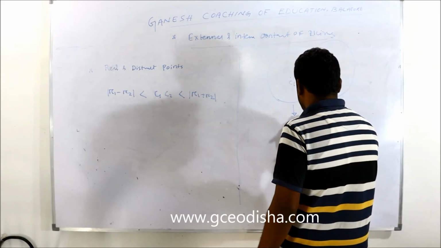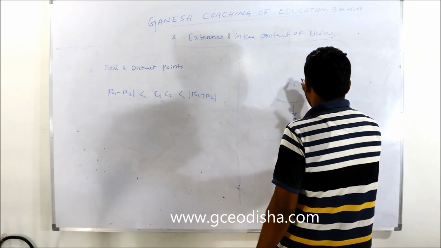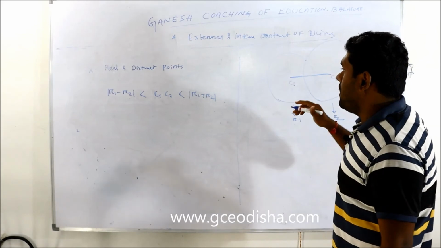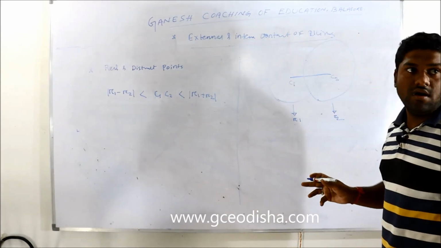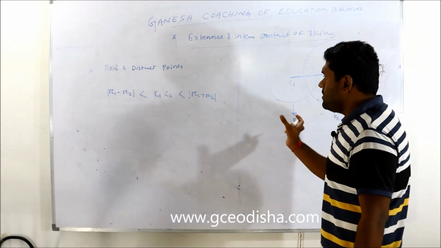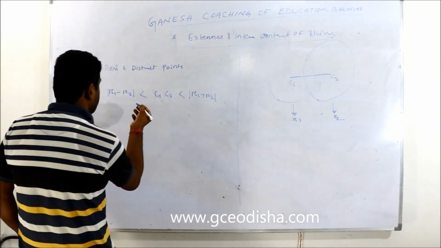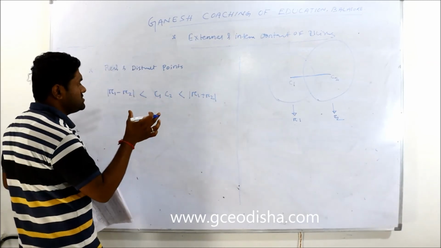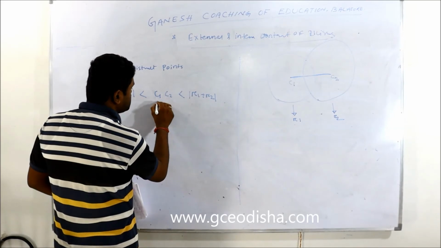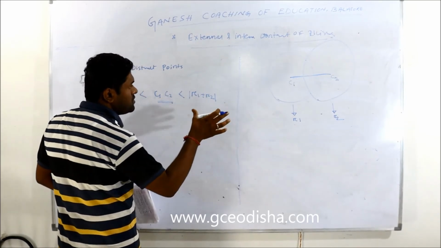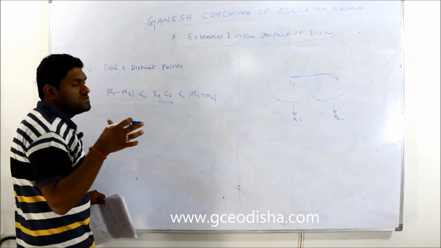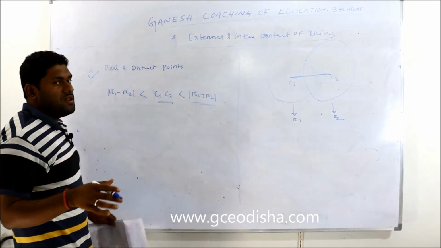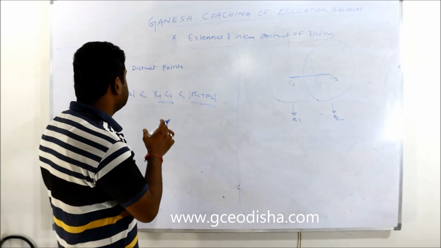For circle 1 the radius is r1, for circle 2 the radius is r2, and C1C2 is the distance between the two centers. The two circles will interact at real and distinct points when the difference of the radii is less than the distance between the two centers, and the distance between the two centers is less than the addition of the two radii. Two radii, not centers. Then the two circles will interact at real and distinct points.